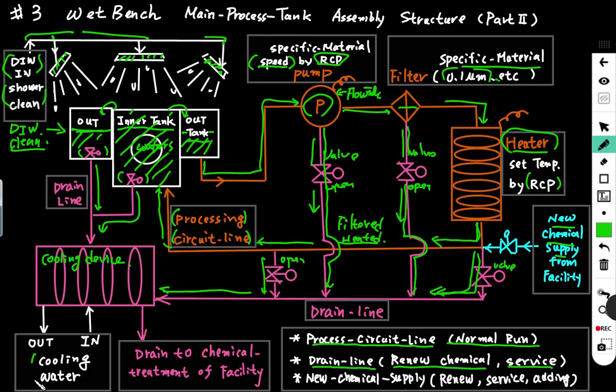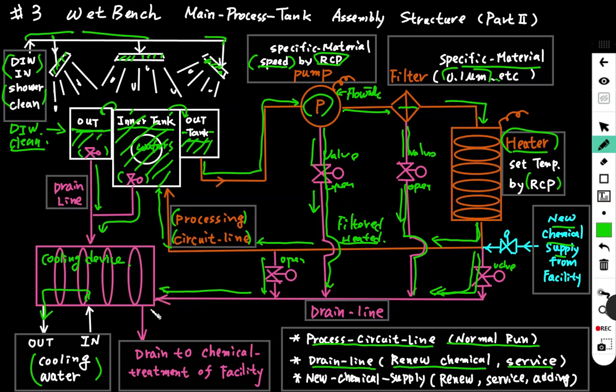The cooling device has cooling water in to cool the drained solution liquid, and after cooling, the cooling water goes out. So we use the cooling water to cool this solution.